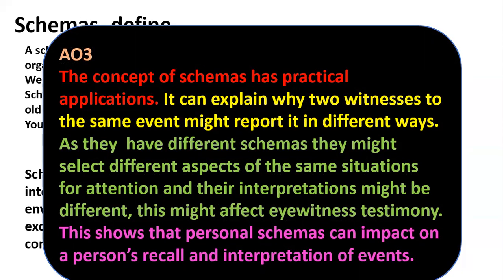Elaborate means give additional information. As they have different schemas, they might select different aspects of the same situation for attention, and their interpretation might be different. This might affect the eyewitness testimony. So again, they may have seen the exact same thing, but dependent on their schema will depend on how they're going to interpret. And that's why they can have two completely different interpretations.